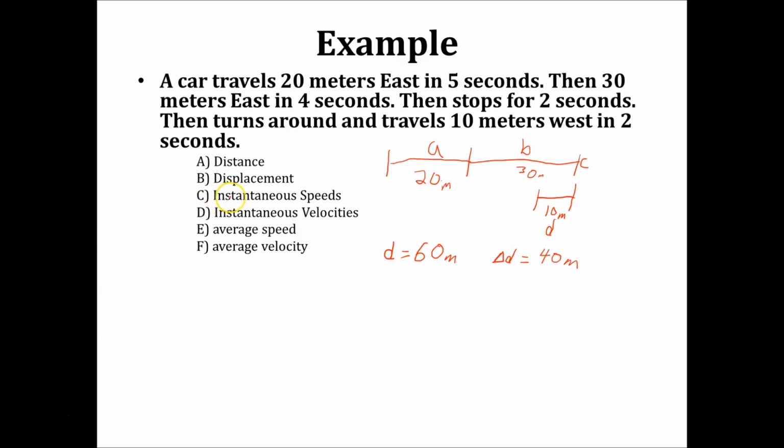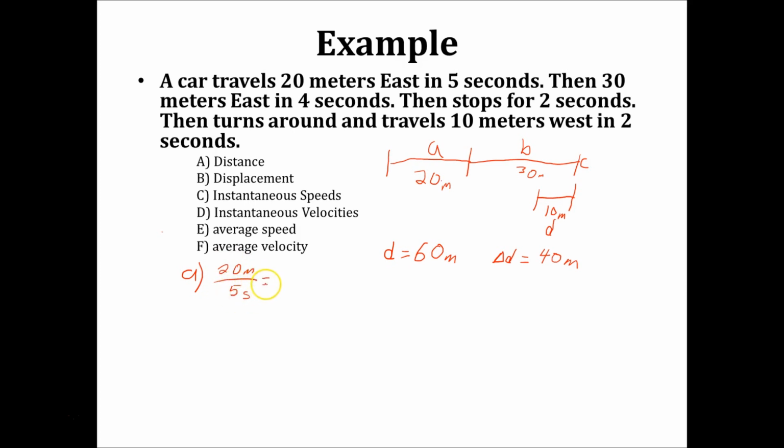Let's next find the instantaneous speed. That means that at each of these instants, we're going to be traveling different speeds. So let's go ahead and do A. In segment A, we're going 20 meters in 5 seconds.